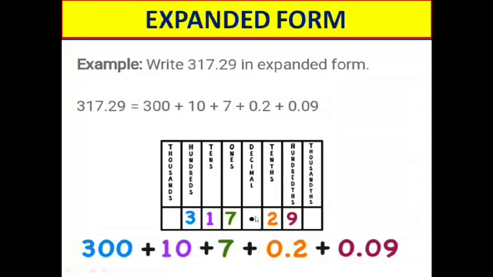Then I'll put plus in between these numbers, and from here start the numbers after the decimal. So it is 29. 2 is at the tenths place, so it will be 0.2, or we can say 2 upon 10, and 9 is at the hundredths place, so I will write 0.09 or 9 upon 100.